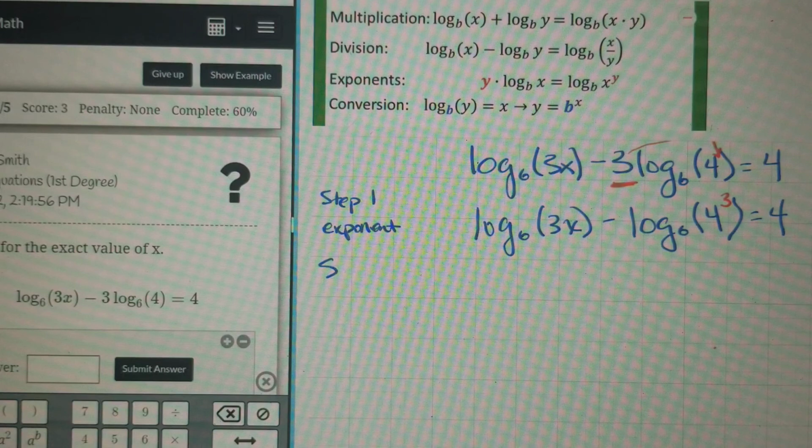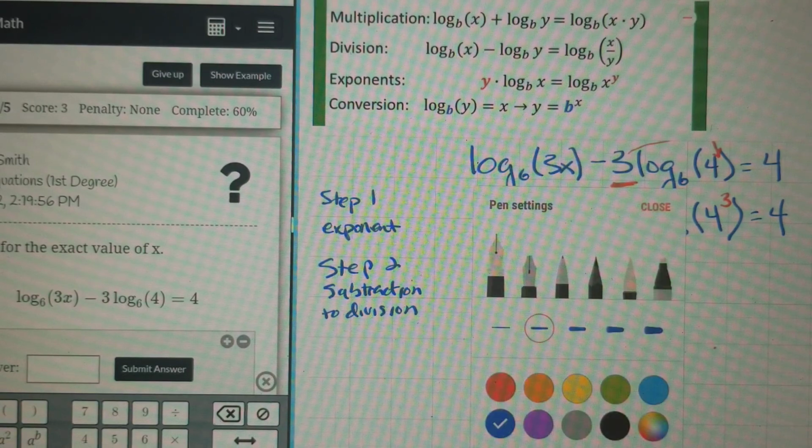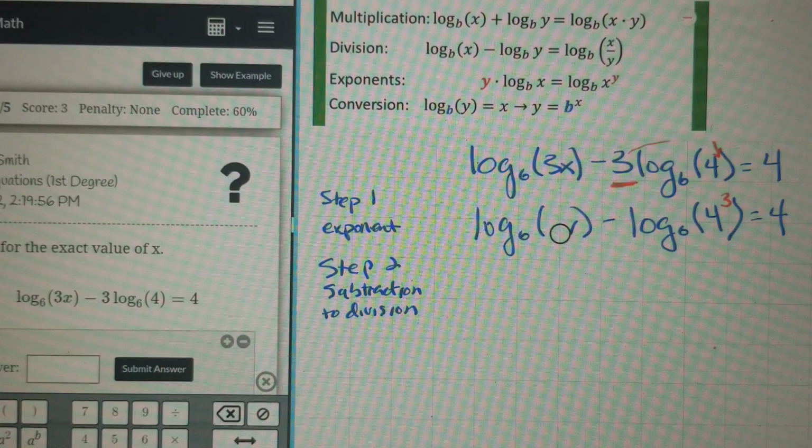Step 2 is we're going to convert this subtraction. So this is a subtraction problem, so we're going to convert subtraction to division. So that's our division up here. Let's change the colors of these to make sure we know where everything goes. So 3x goes there.